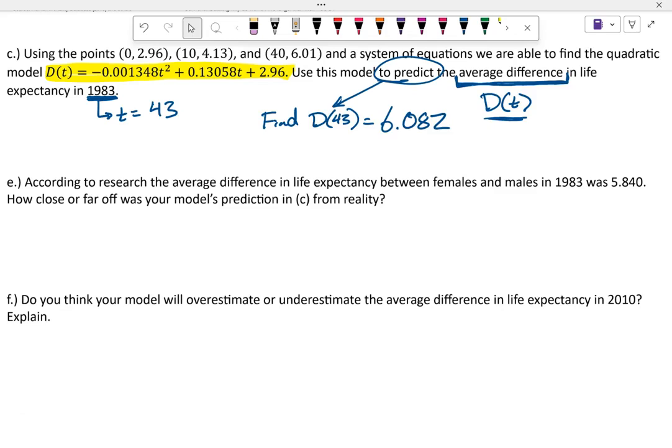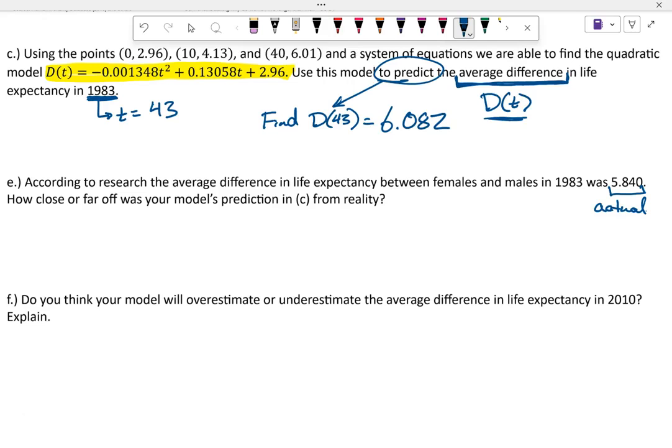That's the actual amount. The actual difference. Was our prediction close to the actual amount? So our prediction was 6.082. Actual 5.840.